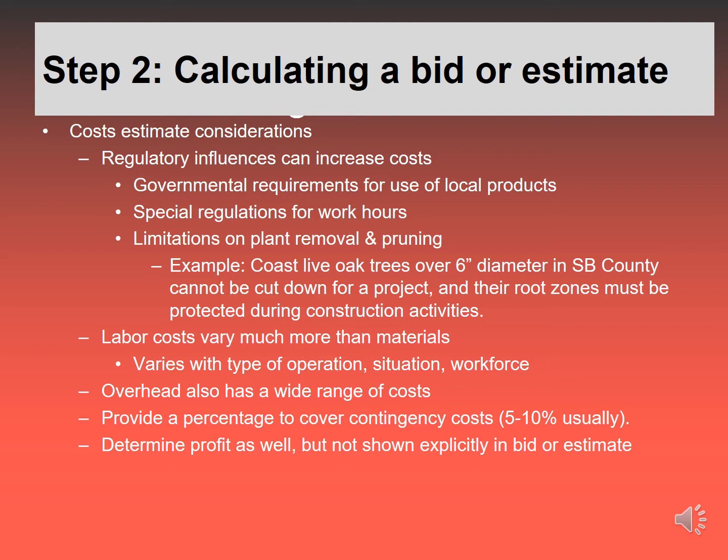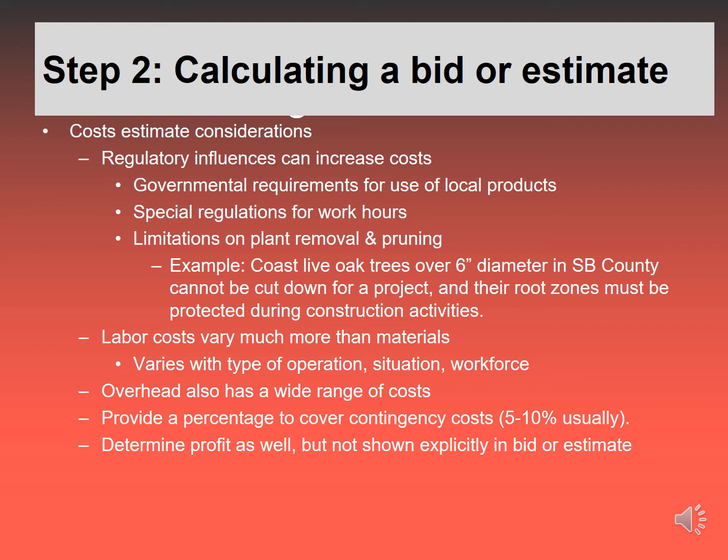You can apply for a special permit to do that, but in general, they're protected. And when you're doing a construction project, their root zones have to be protected too. So something to think about, and that's just Santa Barbara County. Other counties have similar types of ordinances or covenants, but they will have varying influences on your cost.